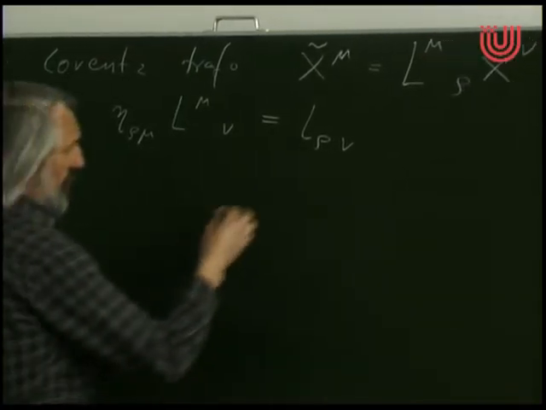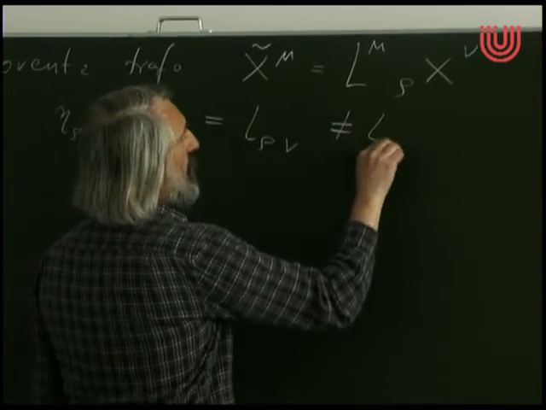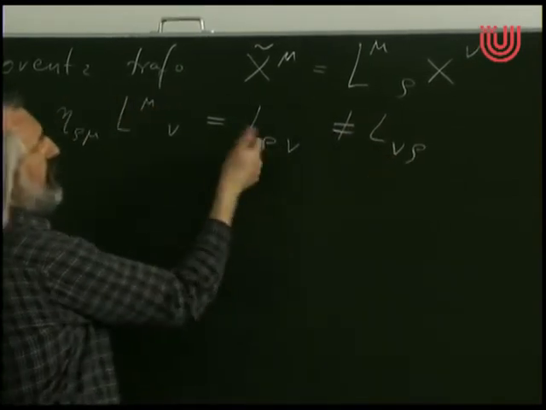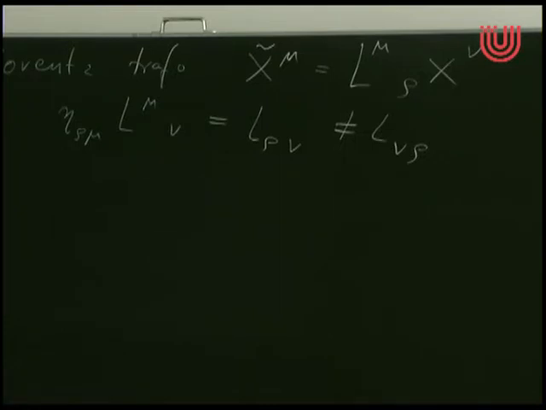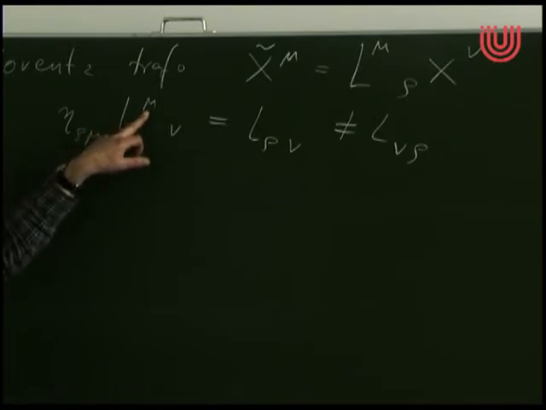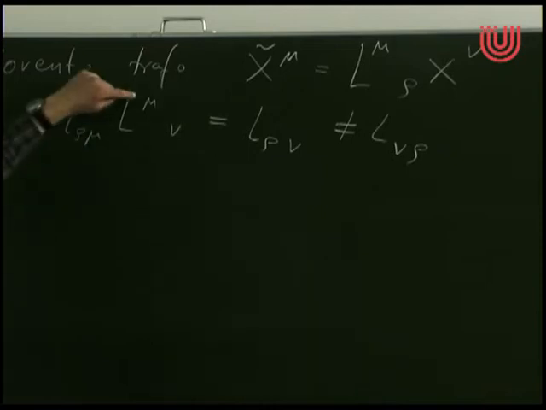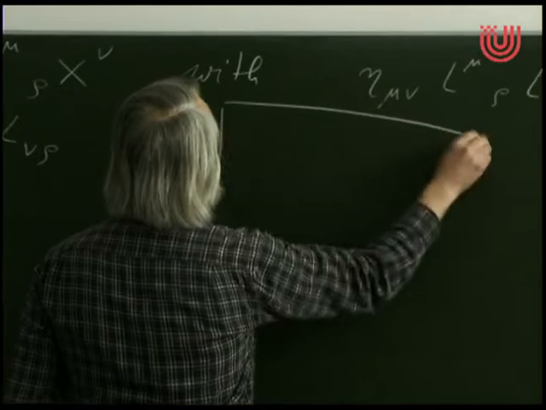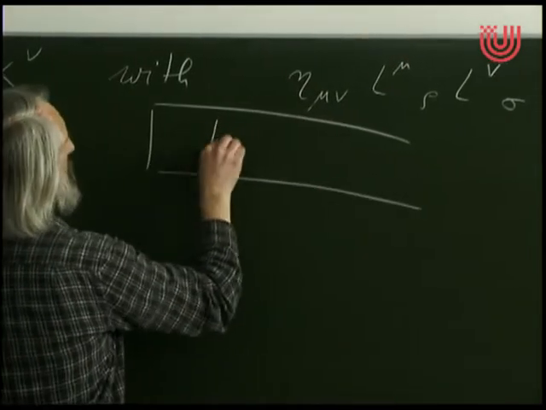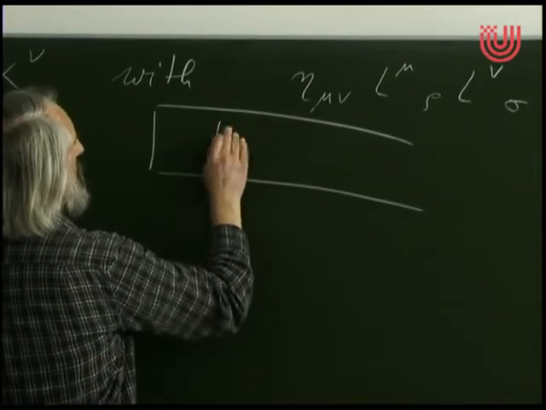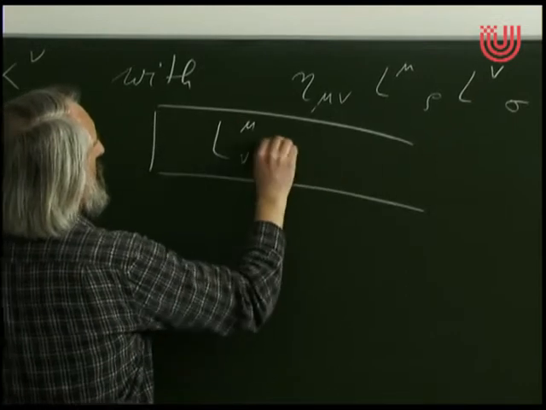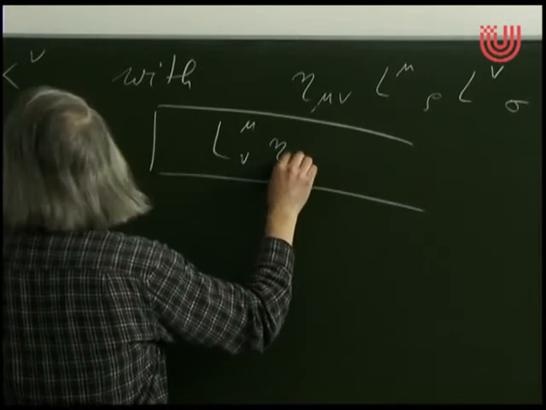And now you observe that this is not the same as the thing with the indices interchanged. So if you write the two indices one above the other, then you don't know which index you pull in a particular place, right? Let me make this as a remark here. If I do something like that, L mu nu eta, what had I here?